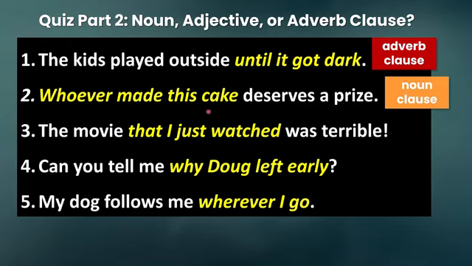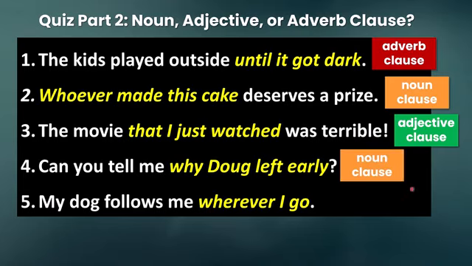Whoever made this cake acts as the subject of the sentence. And it tells us who deserves a prize, the person. Number 3, that I just watched is an adjective or a relative clause. It describes the noun movie, telling us which movie was terrible.